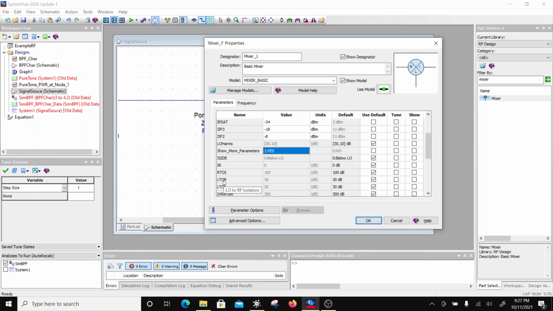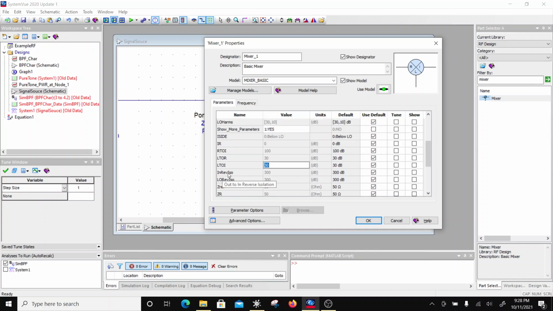I think this is the LO to RF isolation. LO to RF means the LO frequency leaks into RF. So that is set as 30 dB, LO to RF isolation. LO to IF isolation, which is the output of the mixer, is another 30 dB.